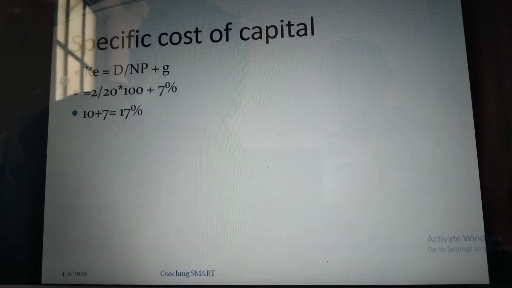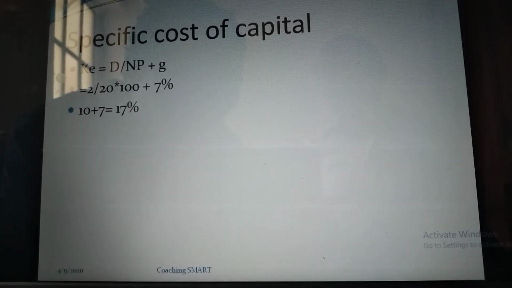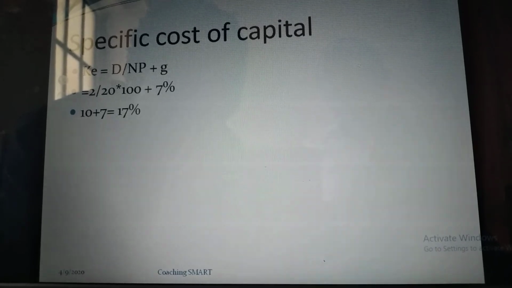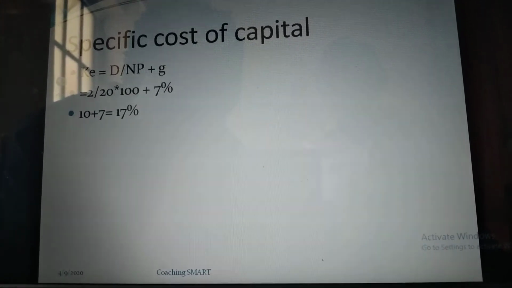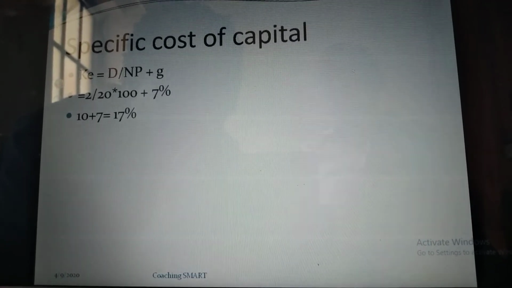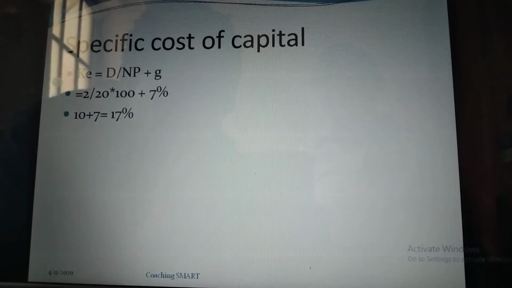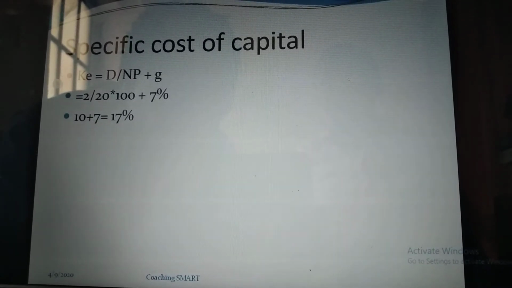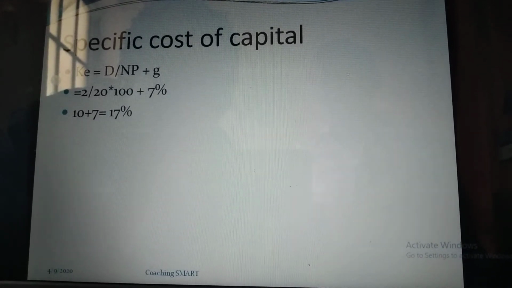The cost of capital for equity is KE equals D divided by NP plus G. So 2 divided by 20 times 100 plus the growth 7%, which is 10 plus 7, giving us 17%. So the cost of capital for equity is 17%.